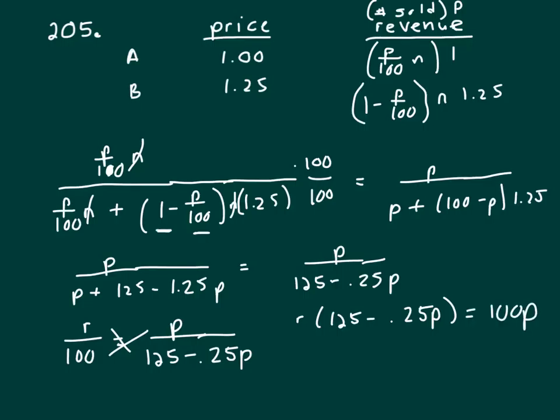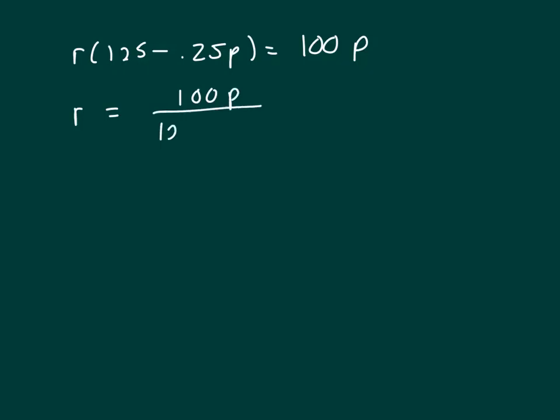So let's add a new slide so I'm not so crowded. What I had on the previous slide was R times 125 minus 0.25 P equals 100 P. And we're solving for R, so that's R equals 100 P over 125 minus 0.25 P. I don't want to multiply everything by 100 to get rid of this decimal, so I'm going to call 0.25 by another name, 1/4.